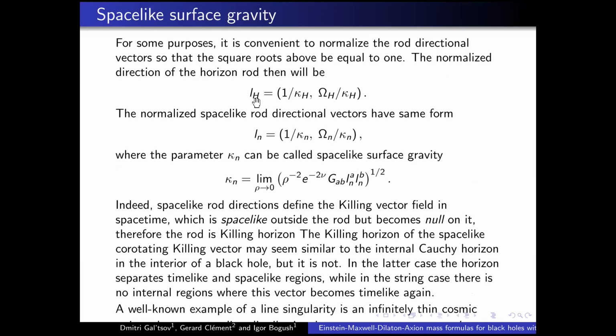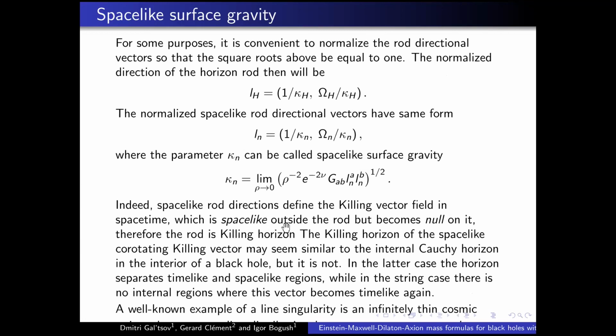So for the horizon, the rod vector consists of kappa and omega, and the same for space-like rods. And you can introduce for a space-like rod, by analogy, the same quantity as what you call surface gravity. I will call it space-like surface gravity.